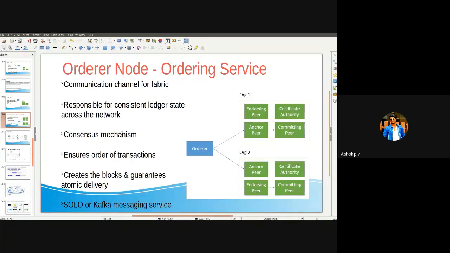If any of the ledger states doesn't have the latest data, they fall back to the orderer. That is where the orderer is the main part, where it makes things even for the blockchain network, for all the organizations, for data transparency, and to understand the data in each and every ledger when it gets updated. So it ensures the order of transactions as well.